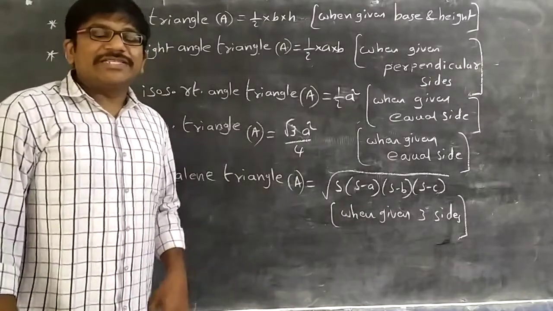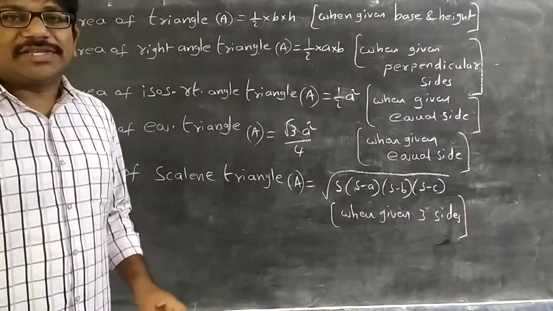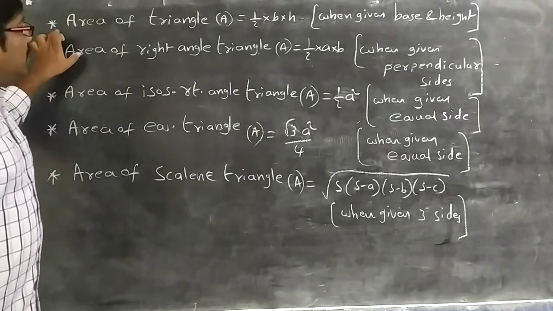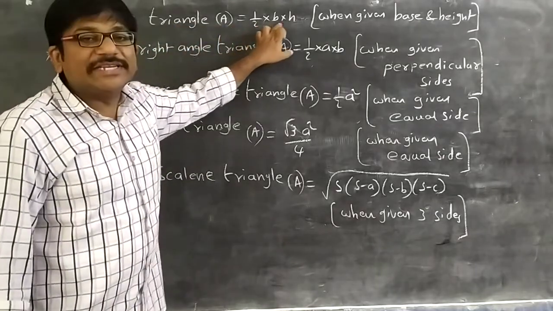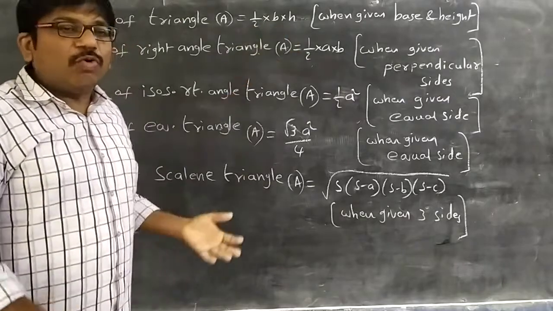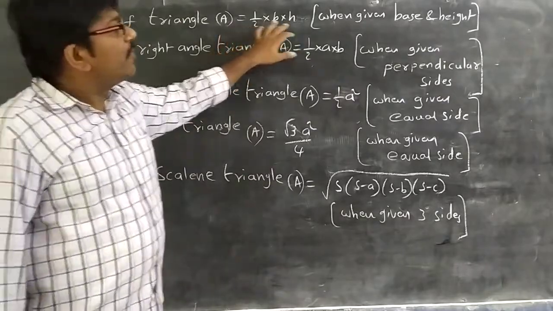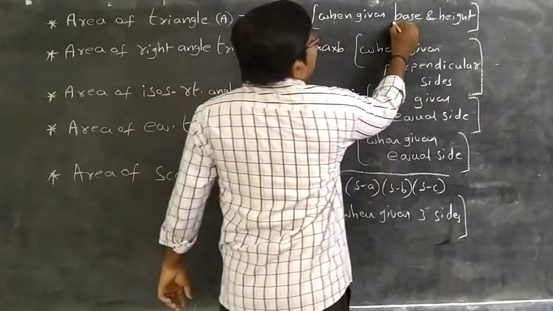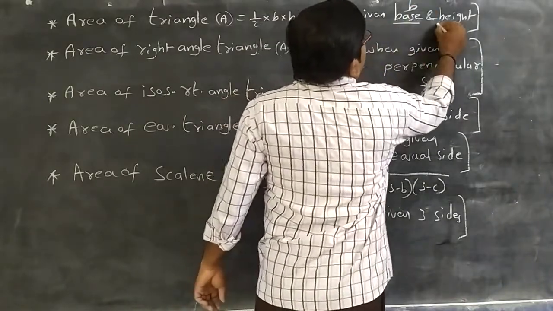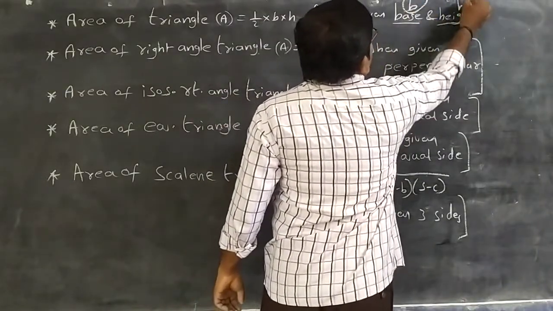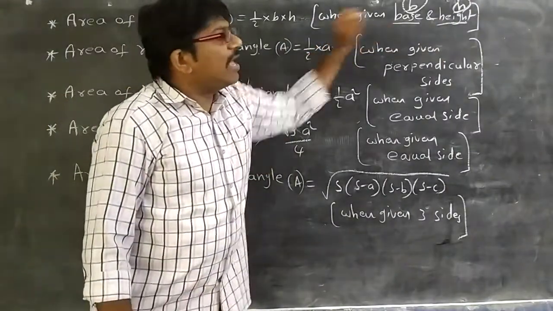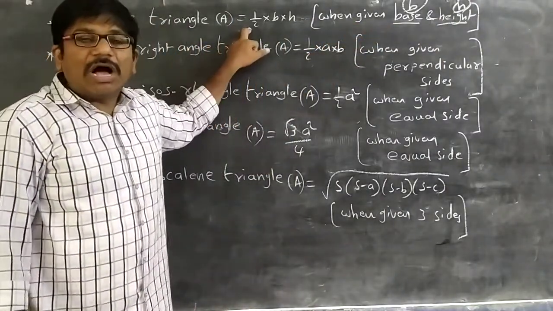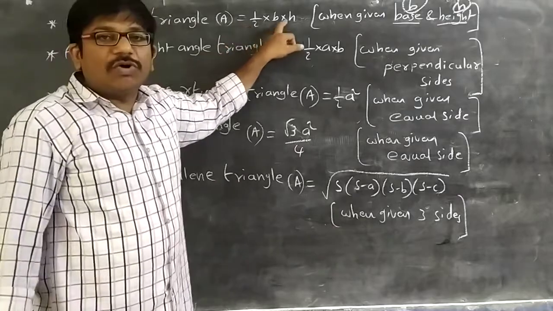Yes, once again listen, area of triangles. First of all, area of triangle A is equal to half into base into height. So we use this formula when given base B and height H. In a triangle, when given base and height, we use this formula, half into base into height.